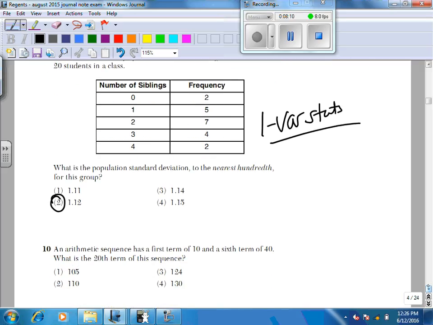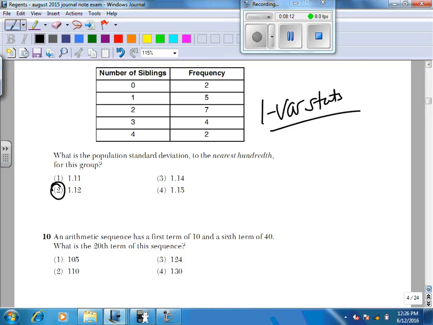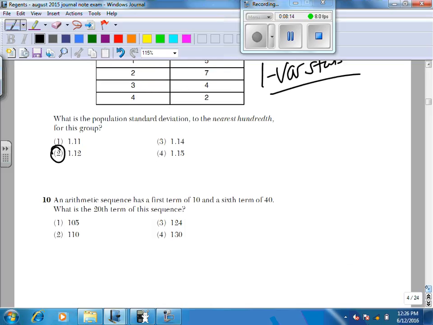Number 10, what is the 20th term of this sequence? So we know that we have a first term of 10, and the sixth term is 40. We could do this with some common sense. We know this is an arithmetic sequence, which means it's based on addition or subtraction.